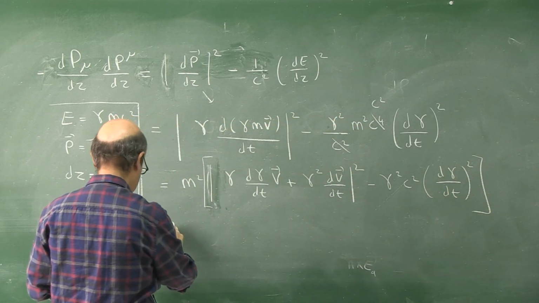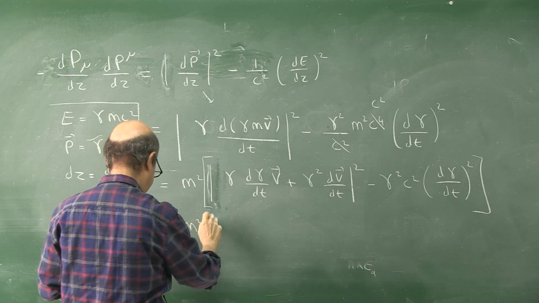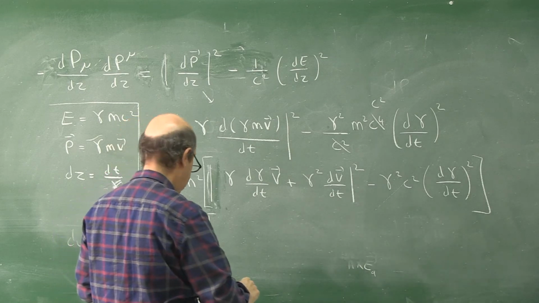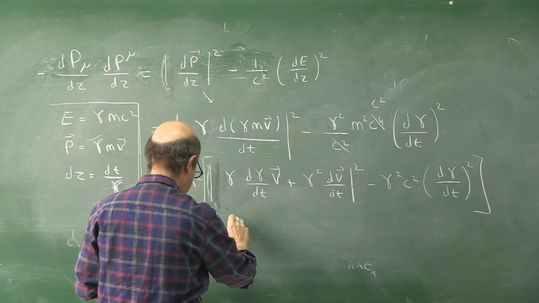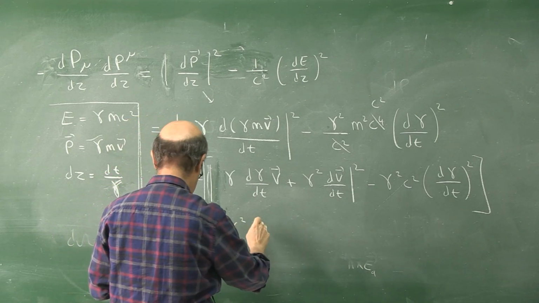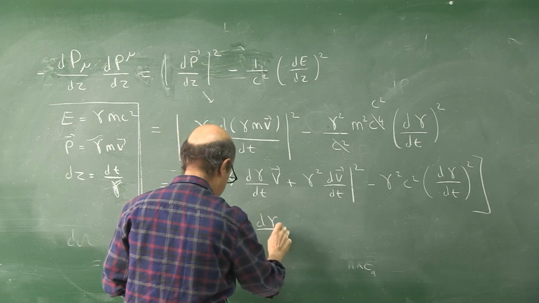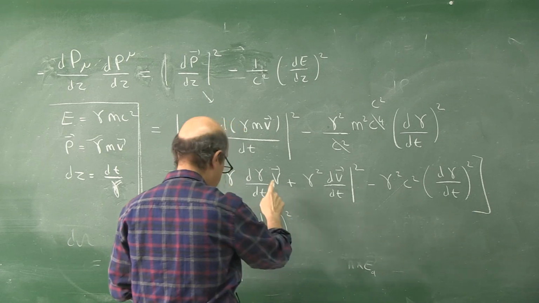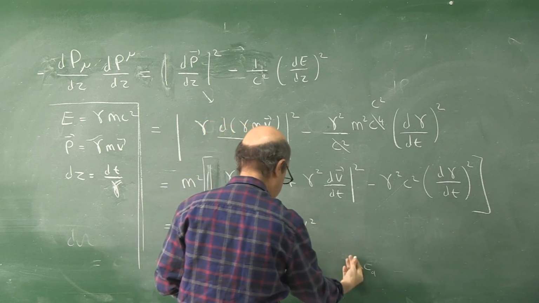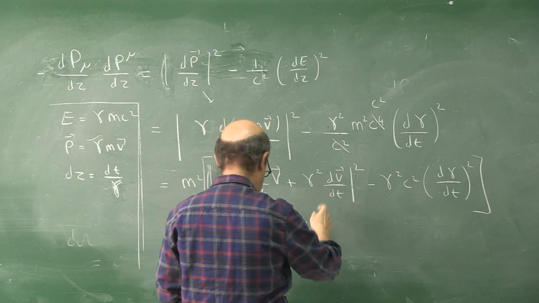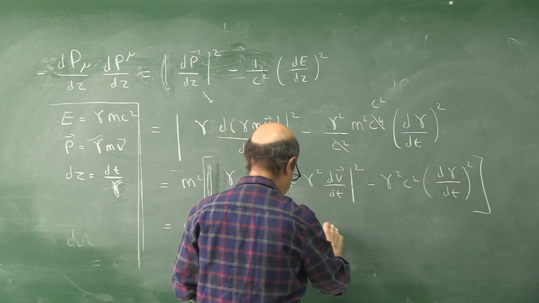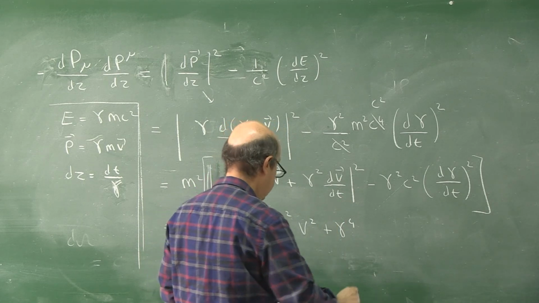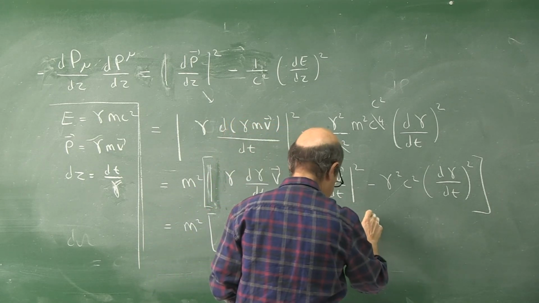So let us continue. m squared in the larger parentheses, and take the square of this: gamma squared d gamma over dt squared, square of the first term. v dot v is v squared, and the square of the second term is gamma to the 4 v dot squared.